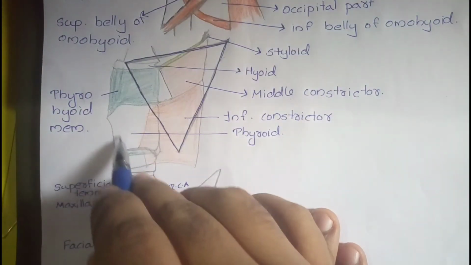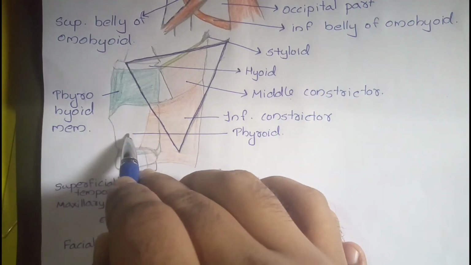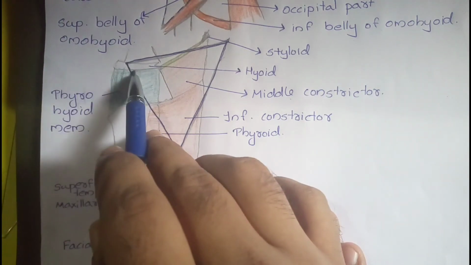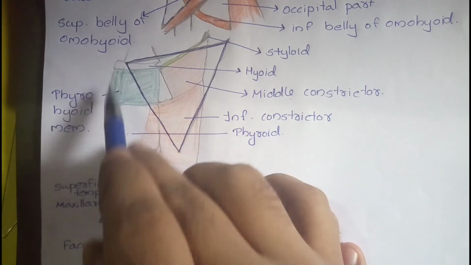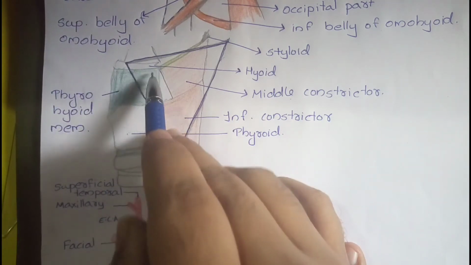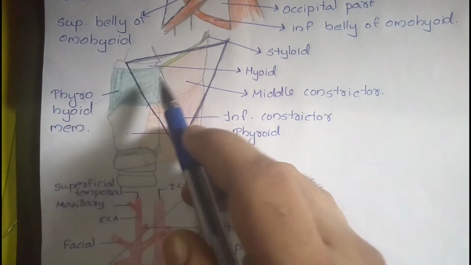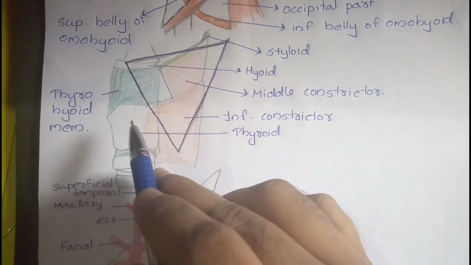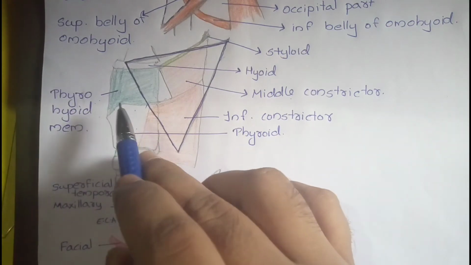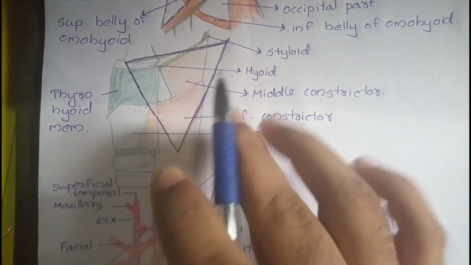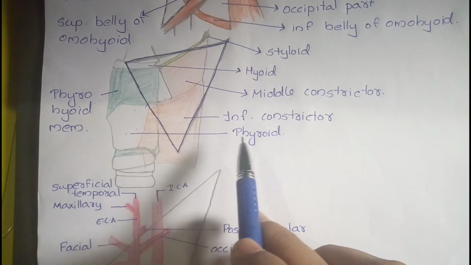A membrane connects these two structures, and that is the thyrohyoid membrane. The structure that connects the hyoid bone and the thyroid cartilage is the thyrohyoid membrane.